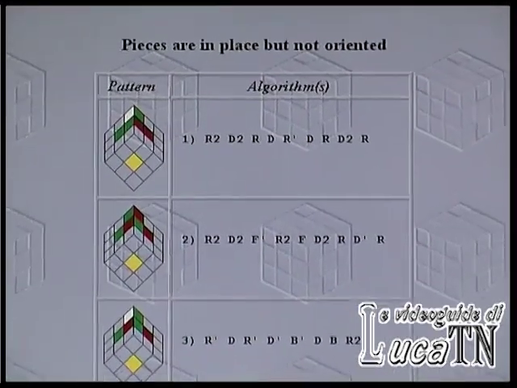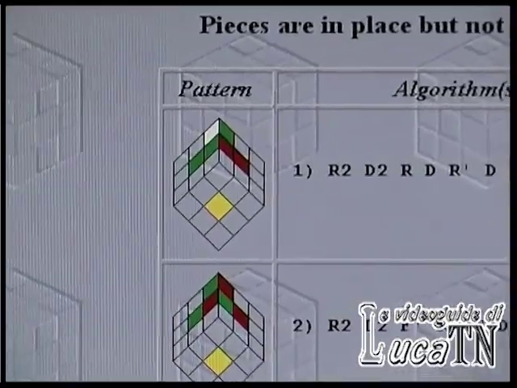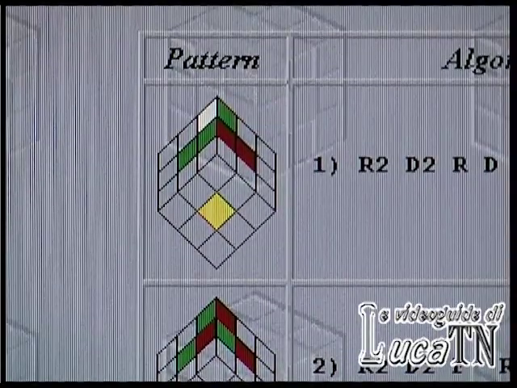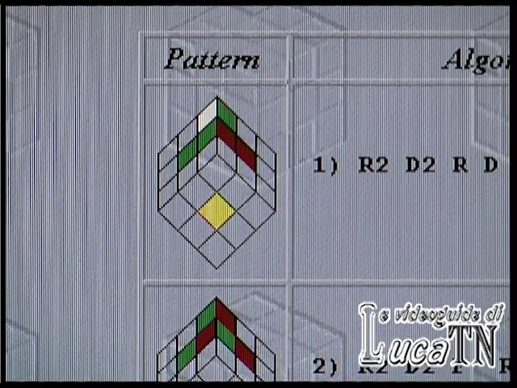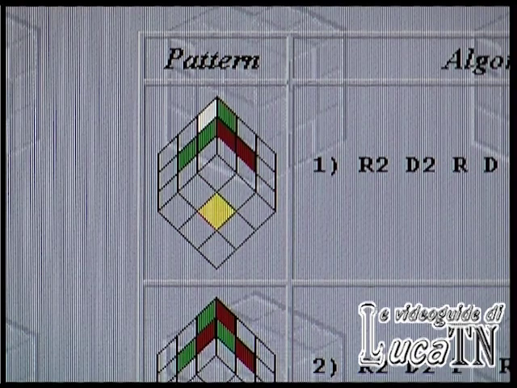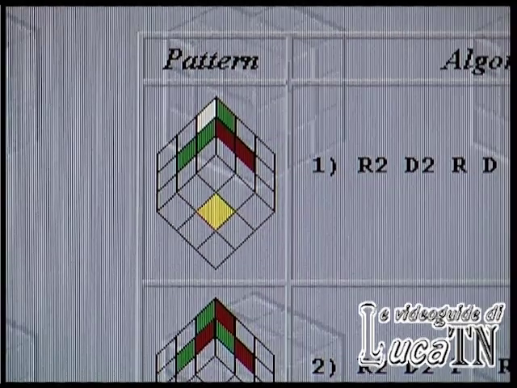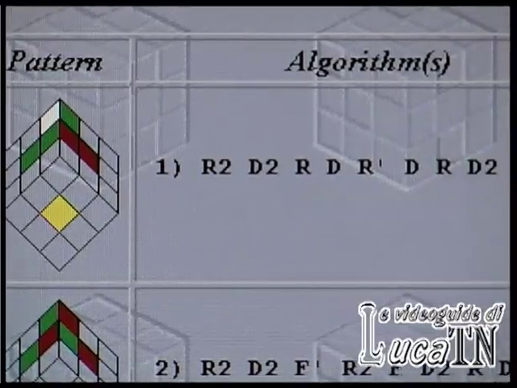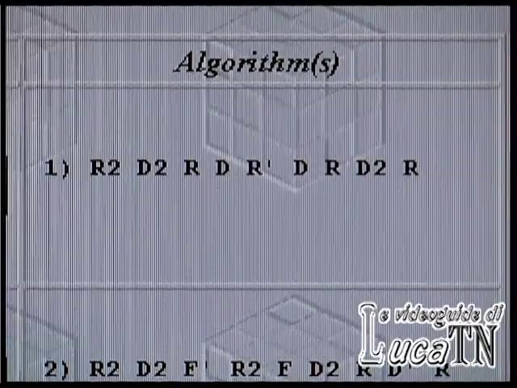Here you can find a cube in which she considers the green color as the front side of the cube, the yellow is in the bottom side, and the red one is on the right side of the cube. The white color is on the top of the cube. And here you have the first algorithm to solve this kind of situation.